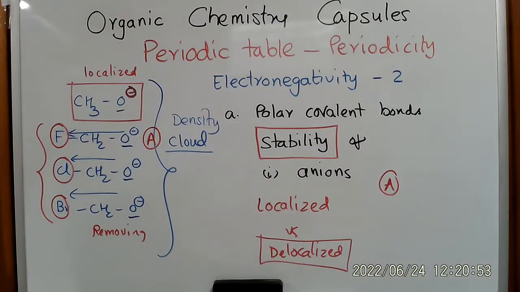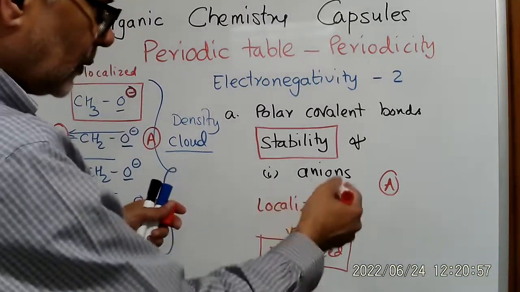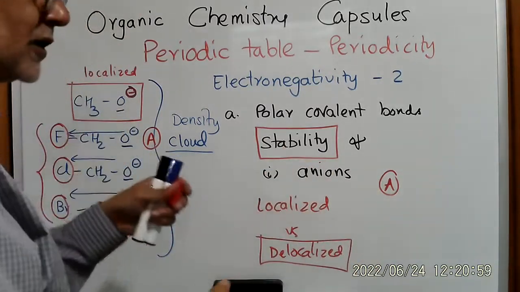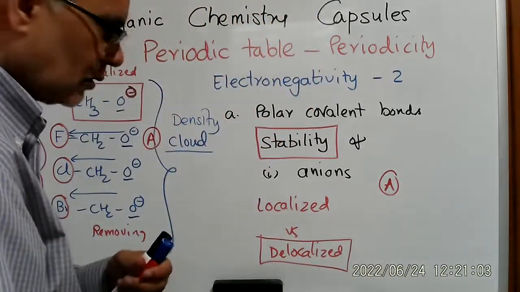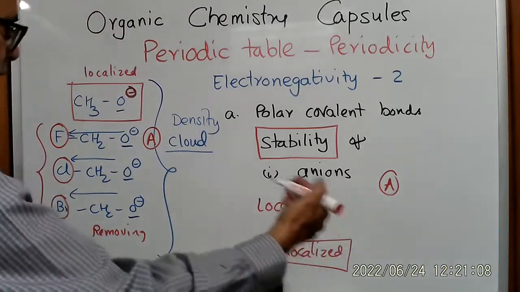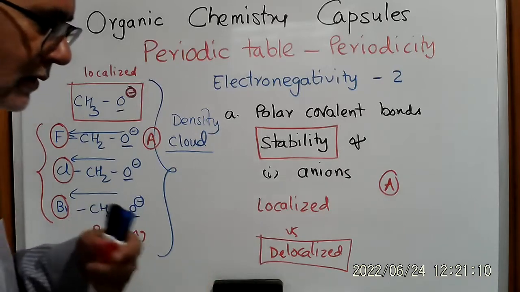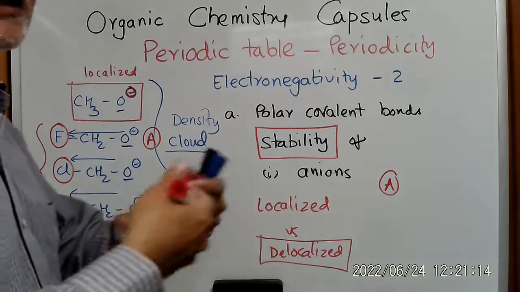Now, let me add one more thing. If the charge is localized, then it's not stable, it's in a hurry to react. There's a negative charge, it's in a hurry to react with something positive. But if it is delocalized, that is removed, it means it's more stable.